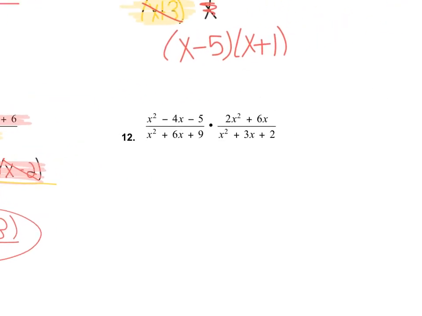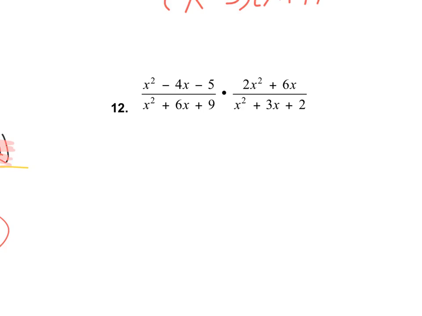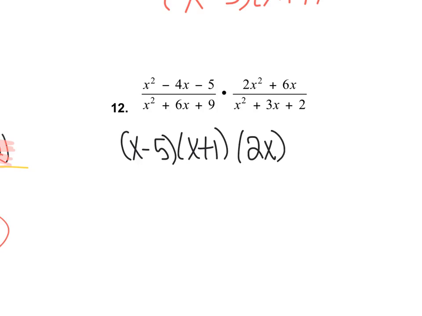And the last question, we have all kinds of things that we can factor here. So we have the first one, we can say x squared minus 4x minus 5. That would be x minus 5 and x plus 1. Then we can take a 2x out of the next part, and we're left with x plus 3. In the denominator, let's do a little color coding here.